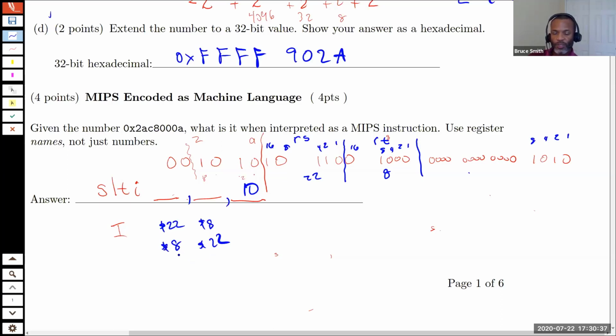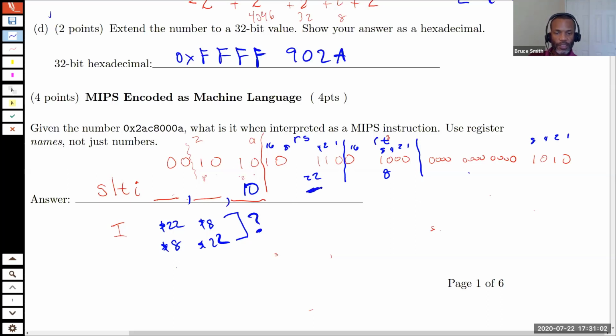And I could ask you just to either leave it as a register number, or I could say go to the table and identify one register and another register. So there's one last thing. Which one of these is correct is what we need to figure out.